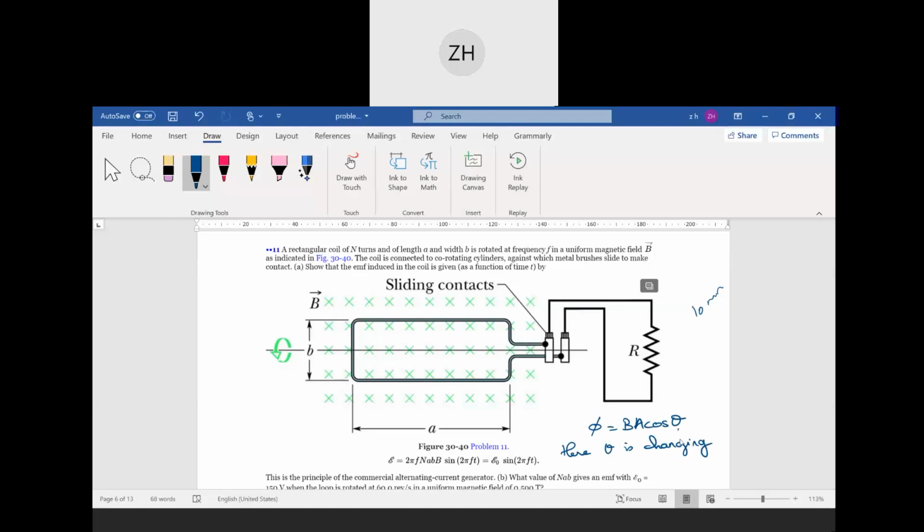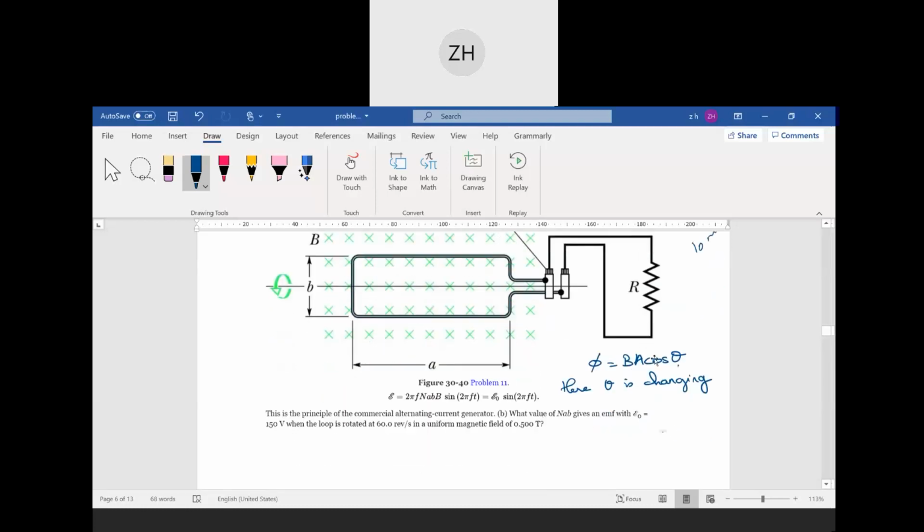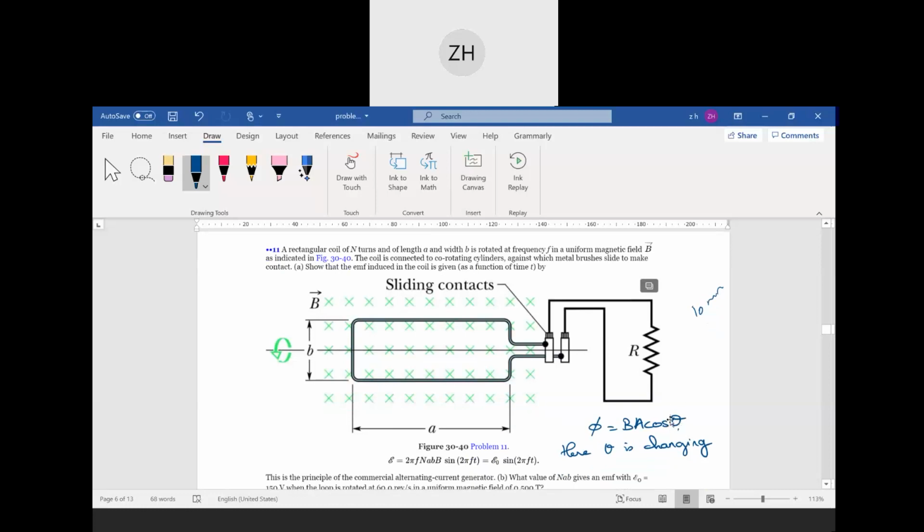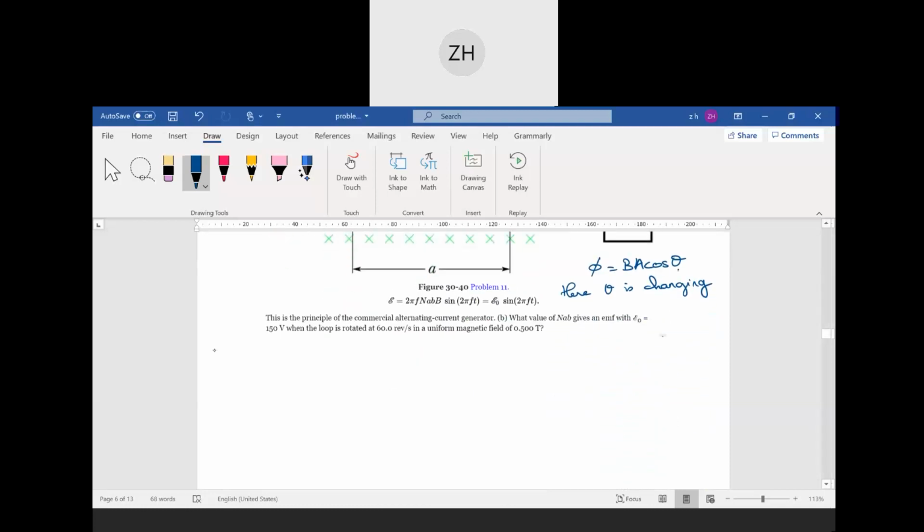And to find the induced EMF, we know that this theta is going to be changing uniformly with time because we have this uniform rotation with a frequency f. So we can mention that theta is actually going to be equal to omega t, where omega is the angular velocity, and the angular velocity is equal to 2 pi f.